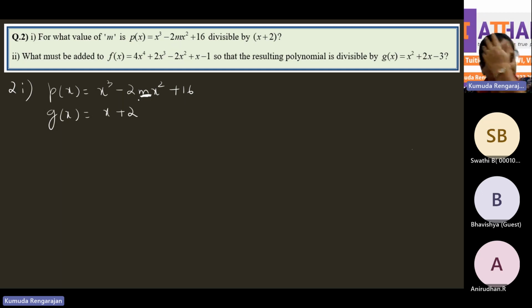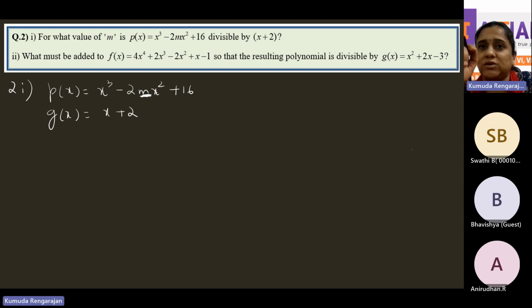If p of x should be divisible by g of x, what should be the remainder? 0. Because if it should be divisible, then the remainder should be 0. Divisible means exactly divisible.